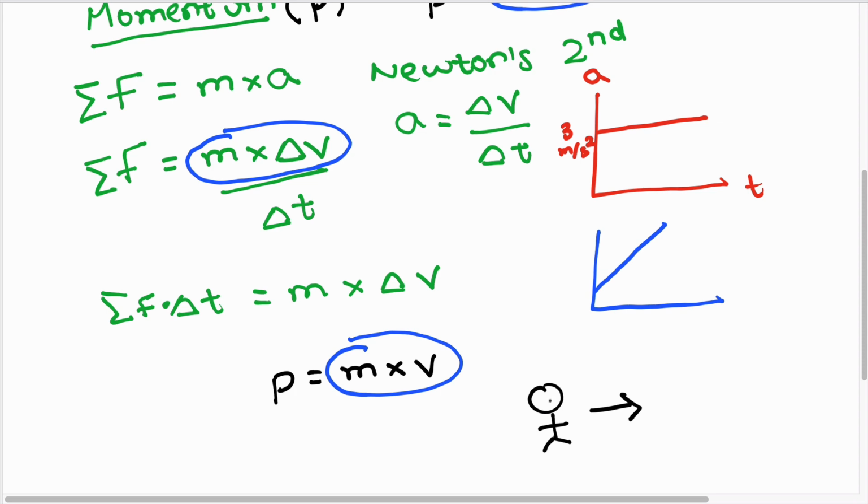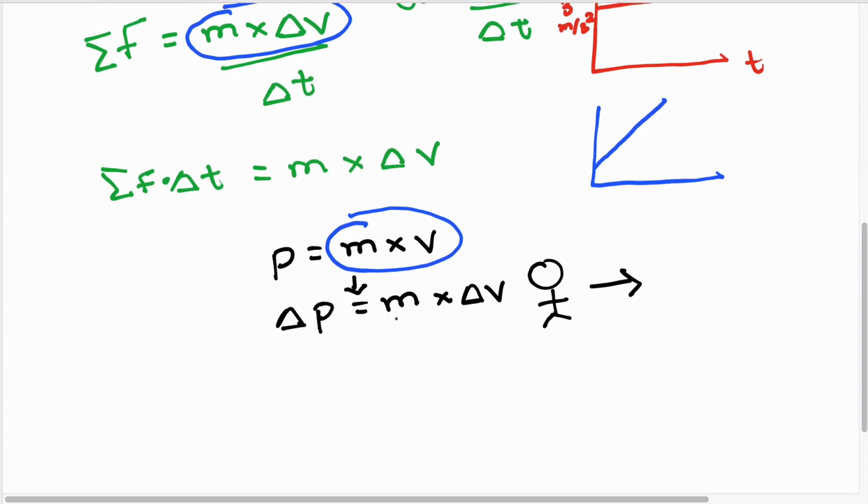So the only thing that changes how unpleasant it would be if he was hitting an object is the velocity, how fast he runs. So we get this: the change in momentum is affected by the mass and the change in velocity. This is a direct result of this right here.